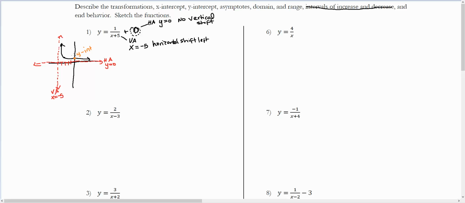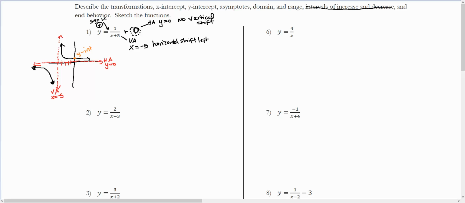Since our graph is on the top right, I forgot to say, the sign of the leading coefficient is positive, an understood positive sign. That tells you you're going to be in the top right, and the other branch is going to be over here. I'm sketching more, so just keep watching if you don't fully understand one of them.